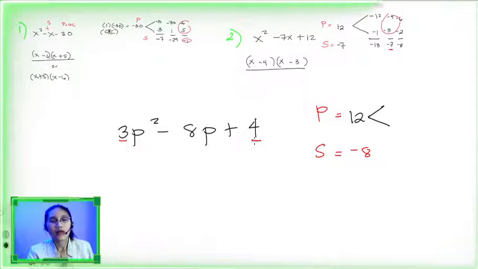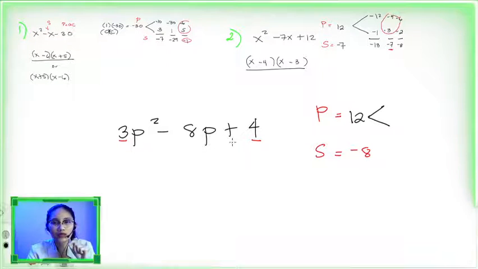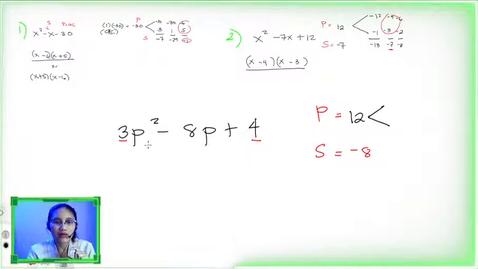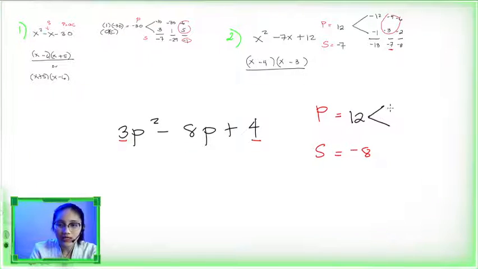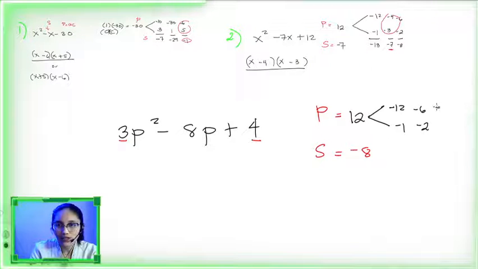Again, kapag ang product ay positive, either parehas positive or parehas negative ang pair of numbers. I-break down natin ang choices by referring to this linear term which is negative. So, we have negative 12 and negative 1, negative 6 and negative 2, negative 4 and negative 3.